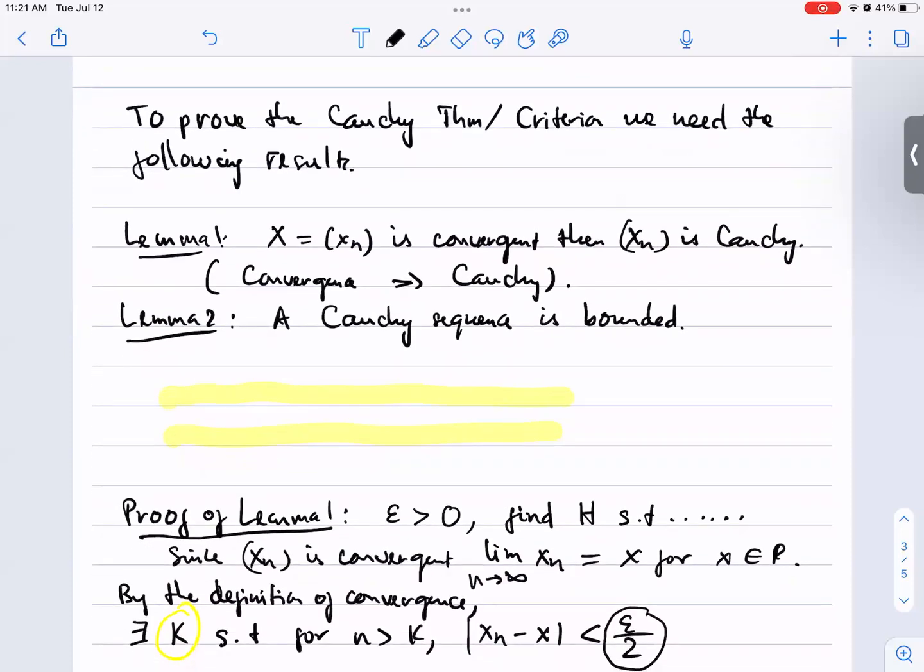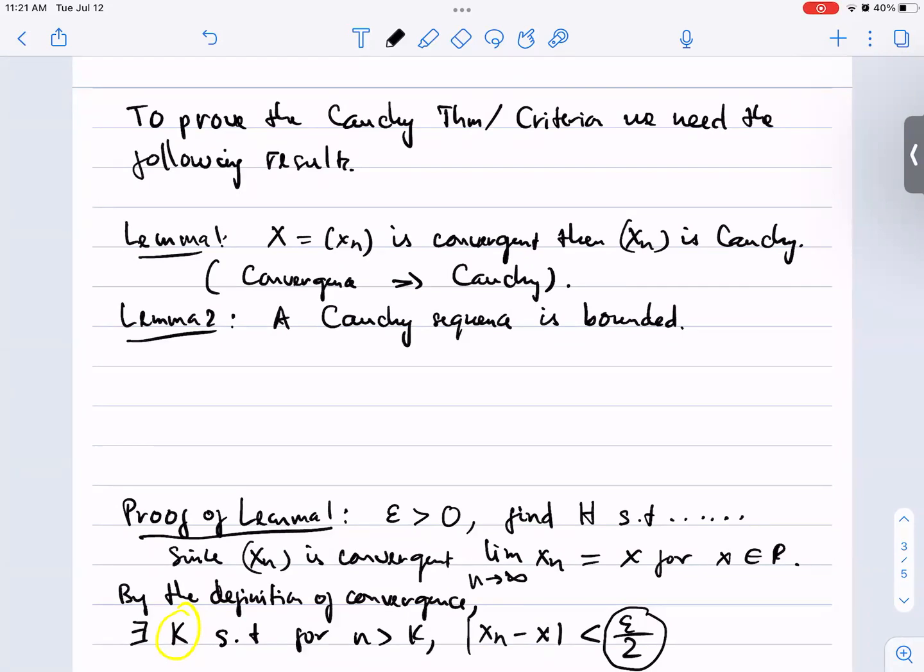The first lemma is that a convergent sequence is Cauchy, and the second lemma says that a Cauchy sequence is bounded. So let me explain how these statements imply the main result.